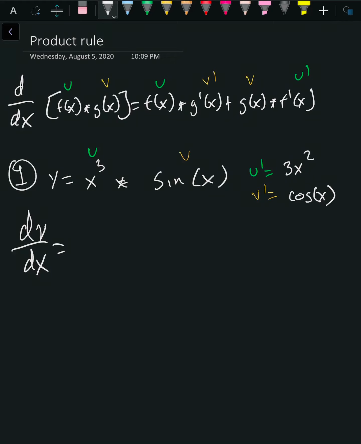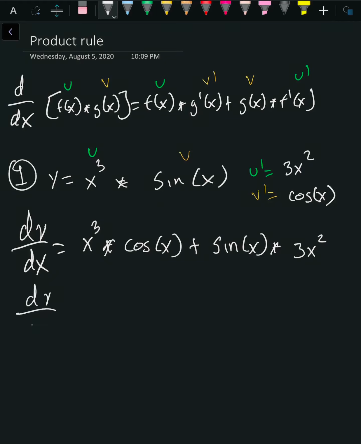So dy over dx is going to be equal to, according to the formula, we have to plug in the first term, which is u, in this case x cubed, times the derivative of the second term, which is cosine of x, plus our second term, which in this case is sine of x, times the derivative of our first term, which is going to be 3x squared.